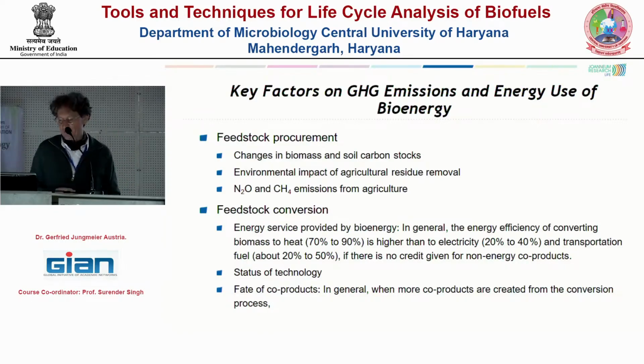So you have to assume and describe especially the status of technology. And again, here we call it the fate of co-products, at least to consider all the co-products in the necessary details.